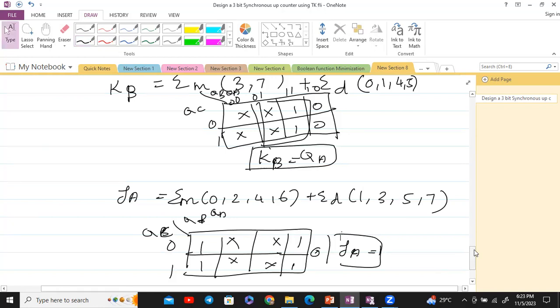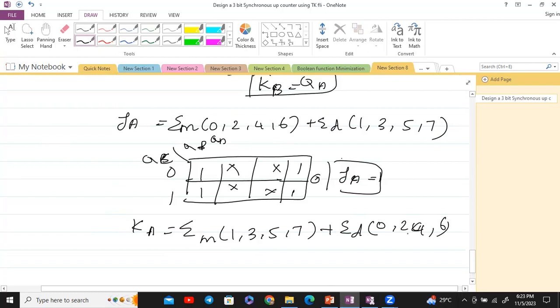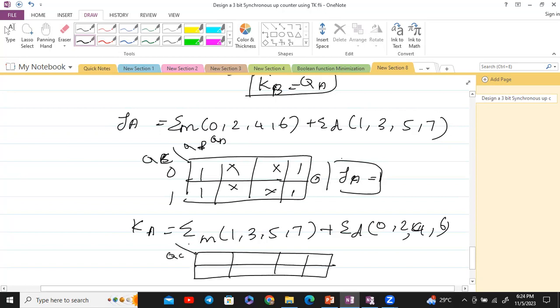Similarly, for KA, what is the value we have? Just the opposite of your min terms. So summation M of 1, 3, 5, 7 plus summation don't care of 0, 2, 4, 6. Okay. So it is QC, QB, QA.